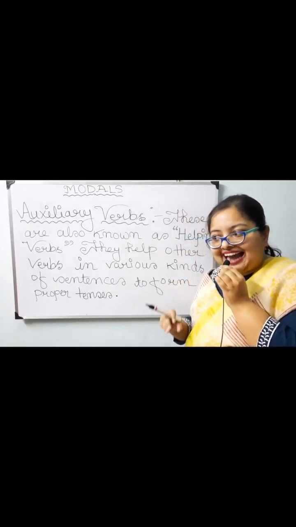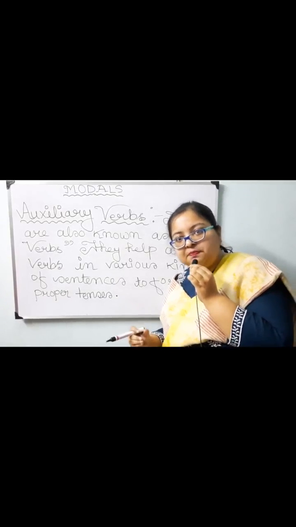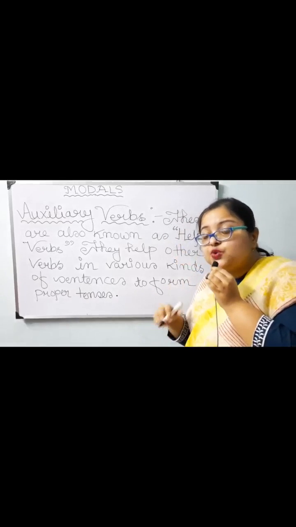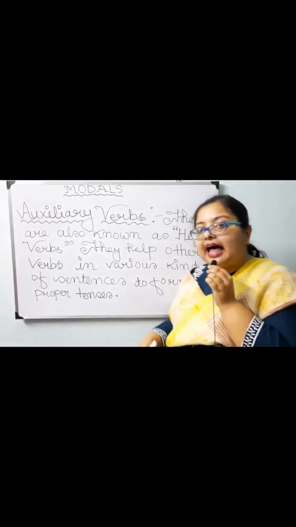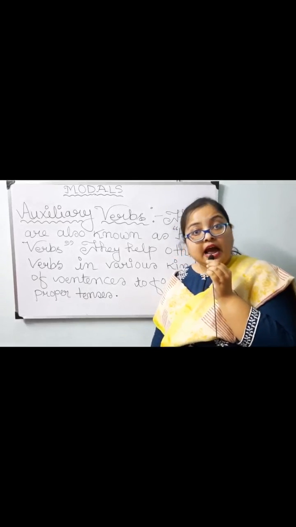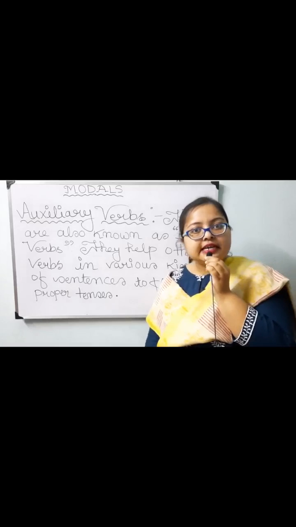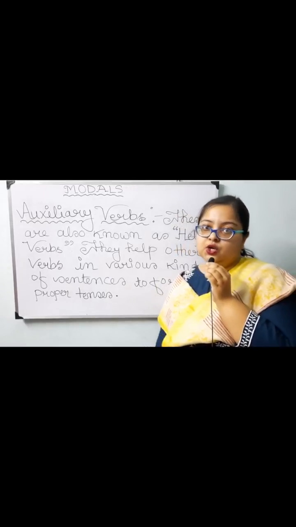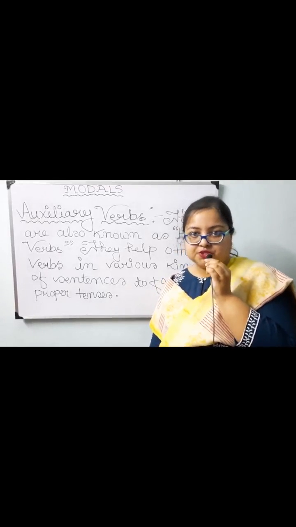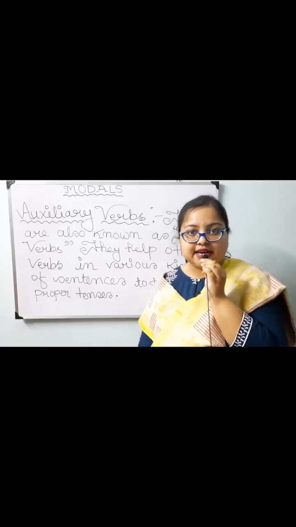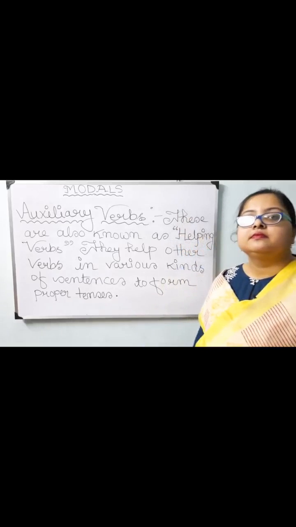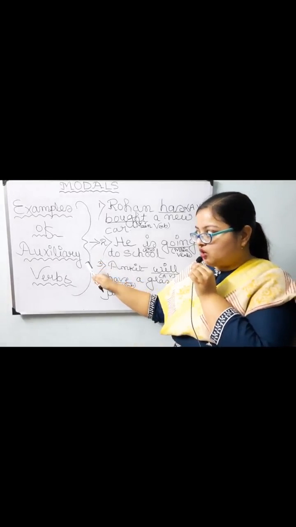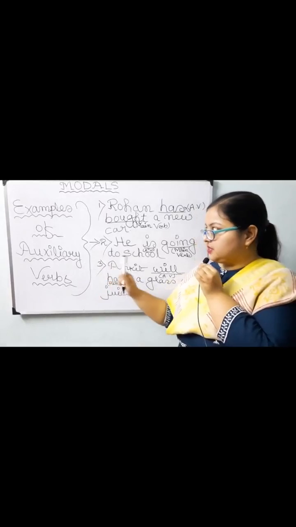When an activity is taking place in the present time, or it reveals when an activity had been performed in the past time, or it is going to be performed in the future time. Examples of auxiliary verbs.